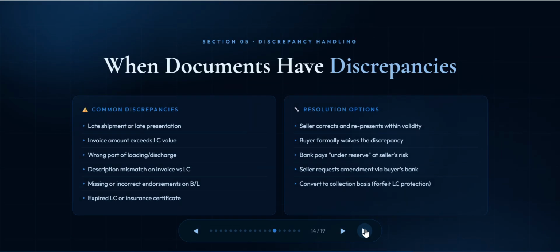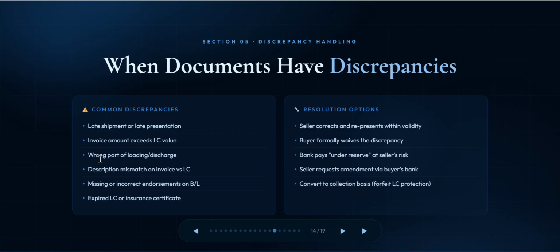When documents have discrepancies. Section 5 is all about discrepancy handling. So what are the common discrepancies found in international trade? The shipment can be late, the amount can exceed the LC value, so LC overdrawn will be the discrepancy. Then wrong port of loading or discharge.